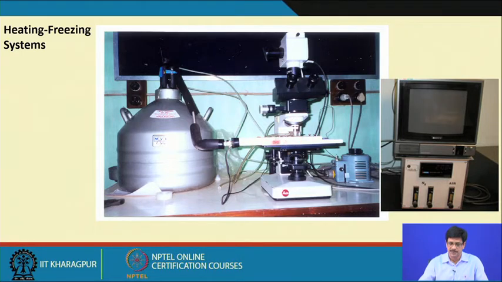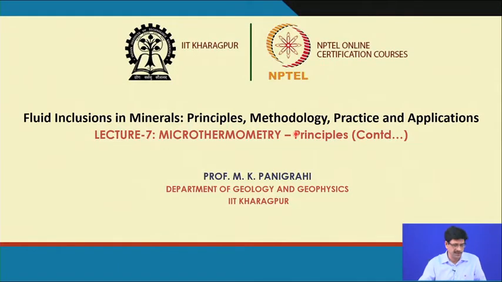Depending on the capacity of the heating element, by applying current through the variable transformer, the operating range can go from minus 196 to plus 700 degrees Celsius. There are devices to avoid condensation of moisture when the stage is cooled to sub-zero temperatures, as well as to protect the objective when the temperature goes above 500 degrees Celsius.